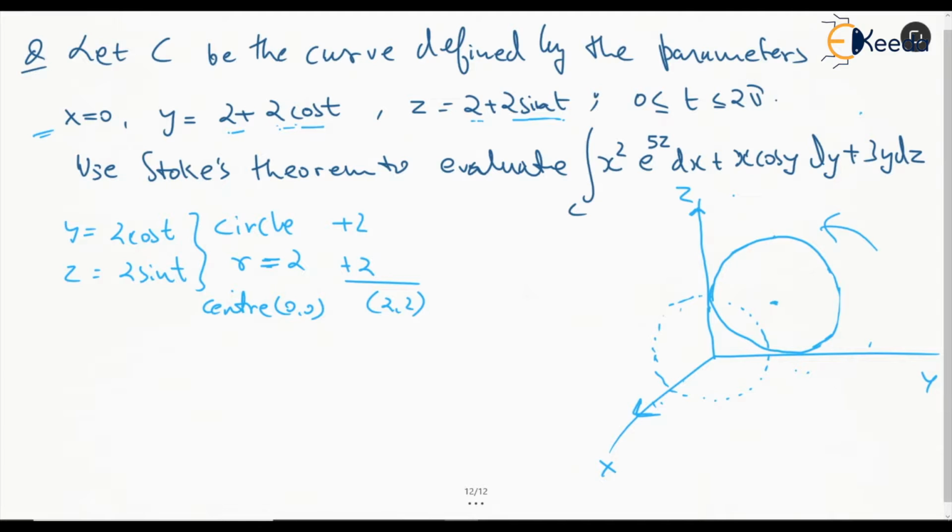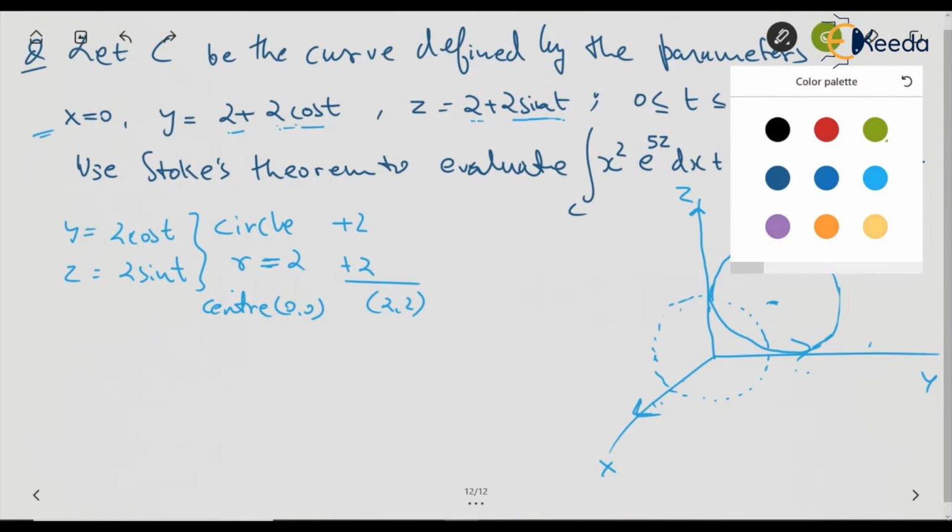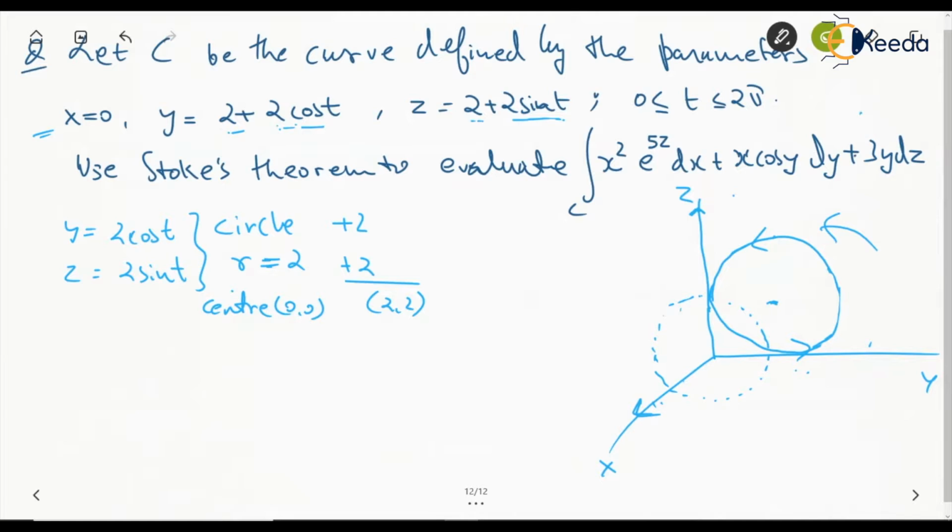So in that case, the positive orientation of this curve will give the normal vector outwards in this sense. So this n cap will be nothing but i cap, right? For this positively oriented curve, the normal vector will be coming out of the plane towards the x-axis, so n cap will become i cap.